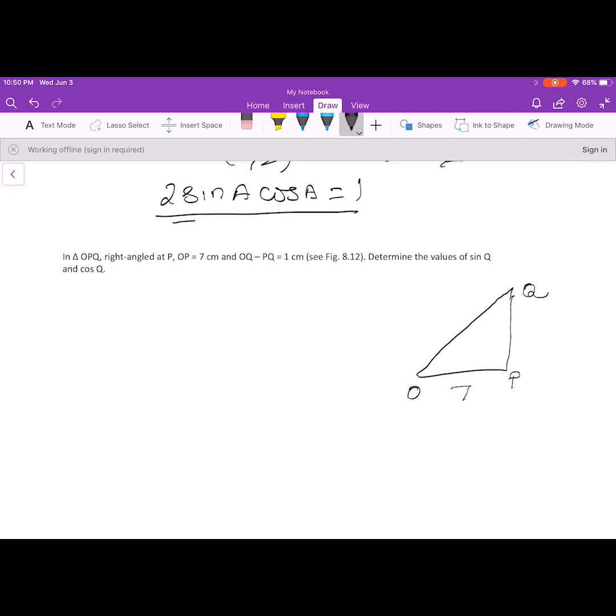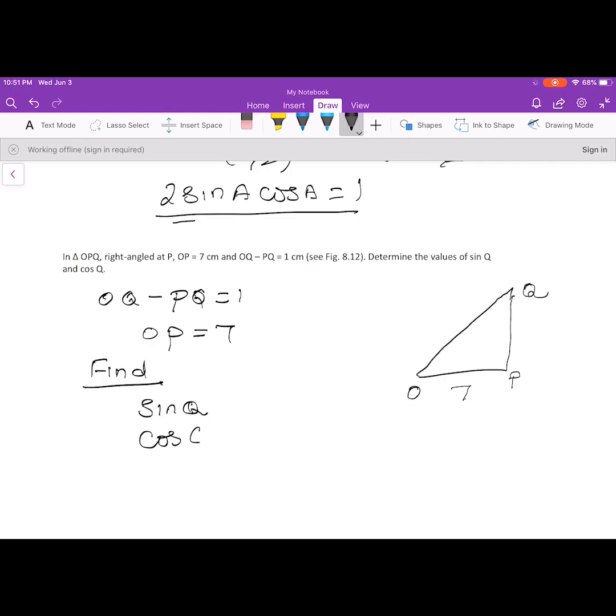The other thing they have given is OQ minus PQ equal to 1. What we have to find is sin Q and cos Q.